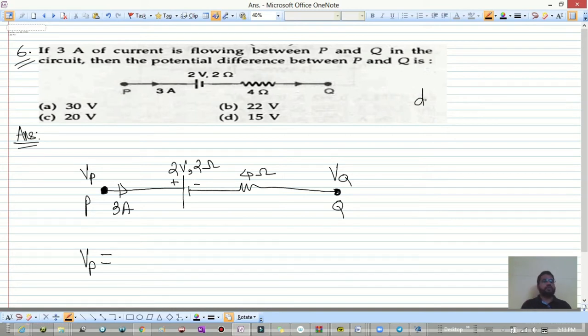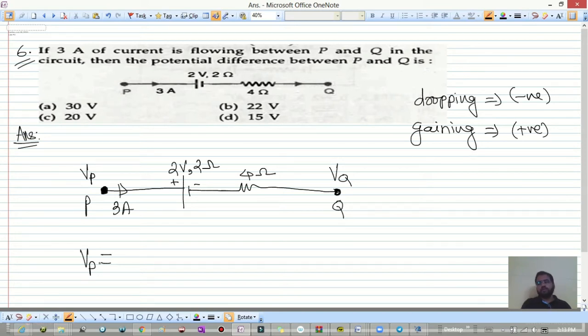So whenever dropping, you have to consider negative sign, and whenever gaining, you have to consider positive sign. Dropping indicates what? Whenever you go from positive, that is higher, to negative, that is lower, then that is dropping. And whenever you go from negative towards the positive, that is gaining the potential.